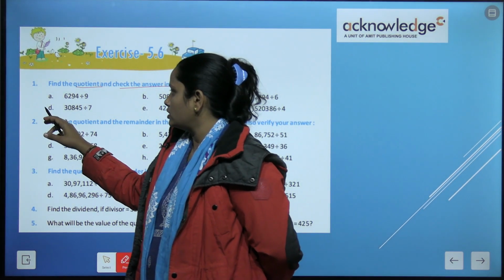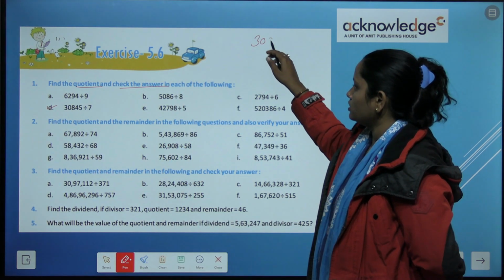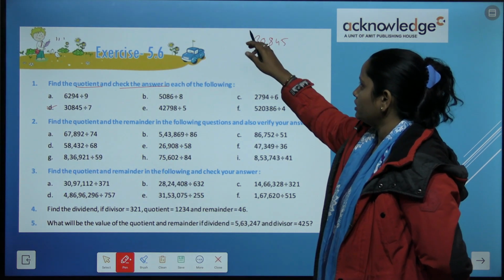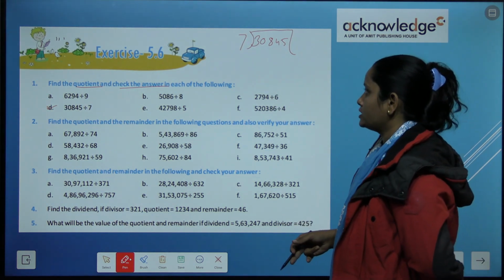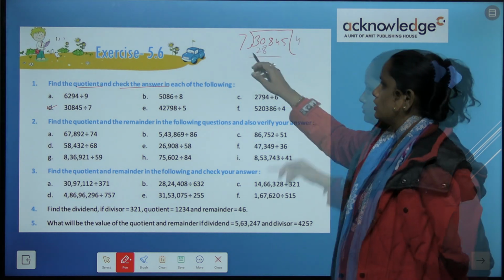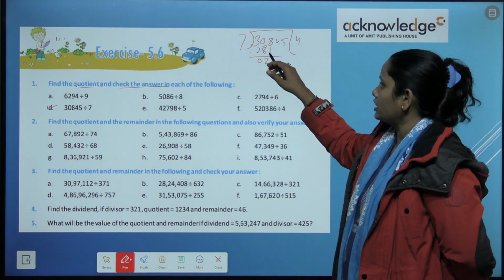Let's do this one. So we have to divide 30845 by 7. So let's read this table of 7. 28. Again 8 will come.